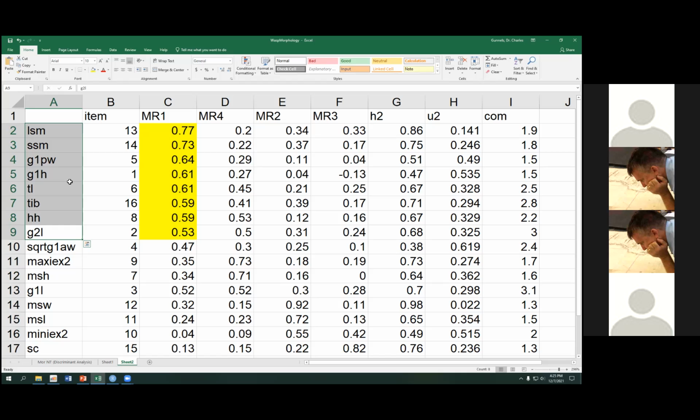So small size in one means a small size in all of them. A large size in one means a large size in all of them. What's a good name for that type of variable? Yeah, what would we call it? Size. So it is a latent variable, but really what it's telling us is size.